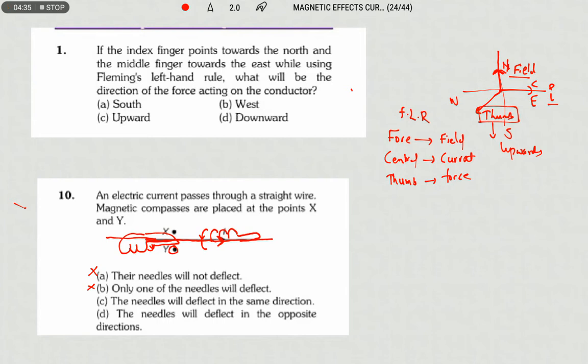So the field will be upwards. That means the needles in the magnetic compasses will deflect opposite to each other. So the opposite direction is your answer, because the magnetic field lines are concentric circles. It will be like this. So one will be entering, another one will be leaving.